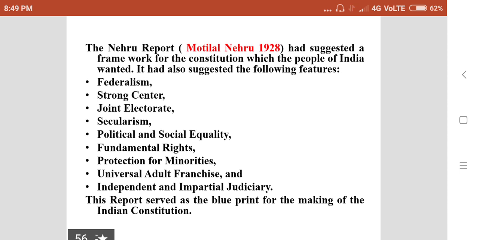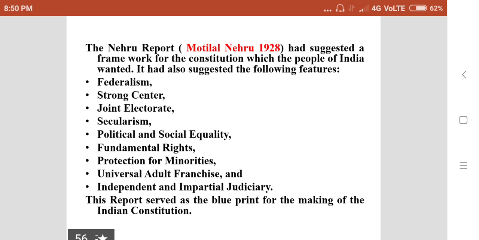And also the Nehru Report. Motilal Nehru, the father of Jawaharlal Nehru, had suggested a framework for the constitution which the people of India wanted.